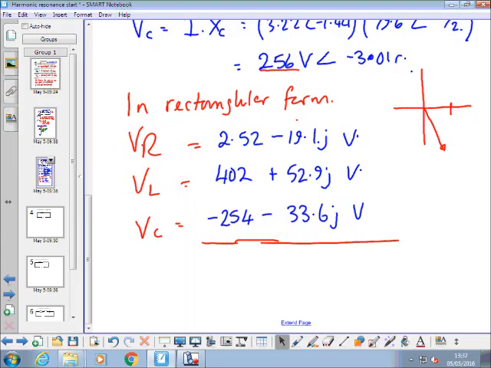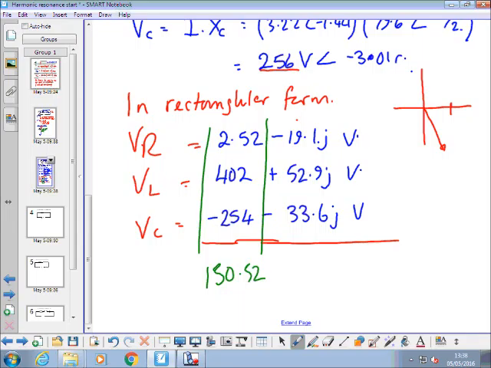Yeah. So they are all those. We just add up the two columns separately. So we do 2.52 plus 402 minus 254, which gives 150.52, as near as damn it 150, allowing for the fact that we've converted twice.